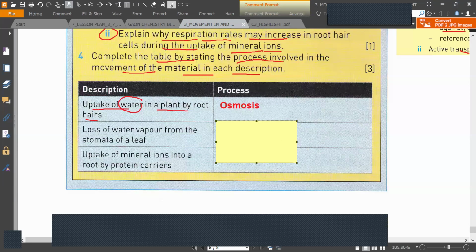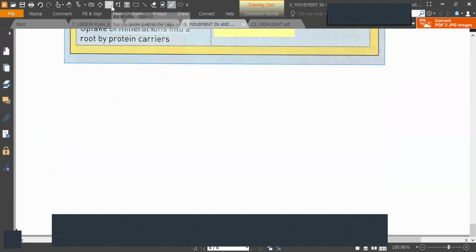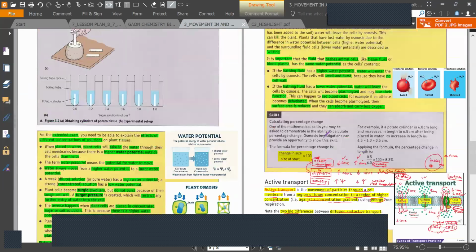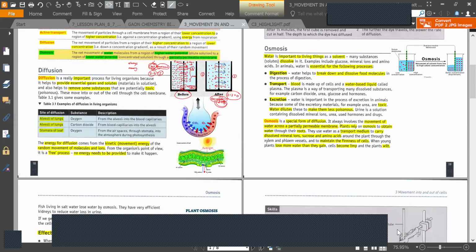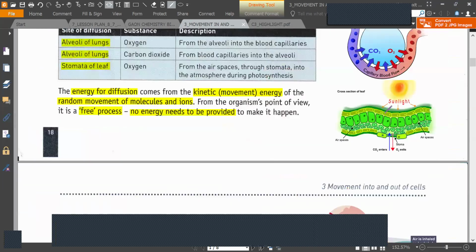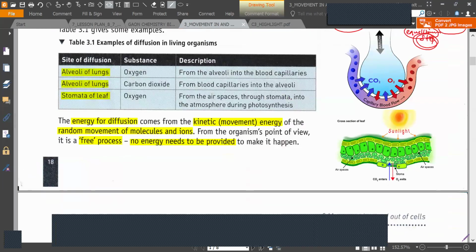Next, loss of water vapor from the stomata of a leaf. So what is this one? Let me copy the picture. We are talking about this situation.